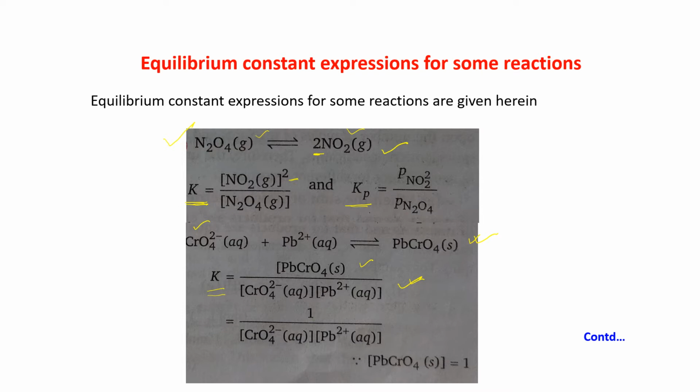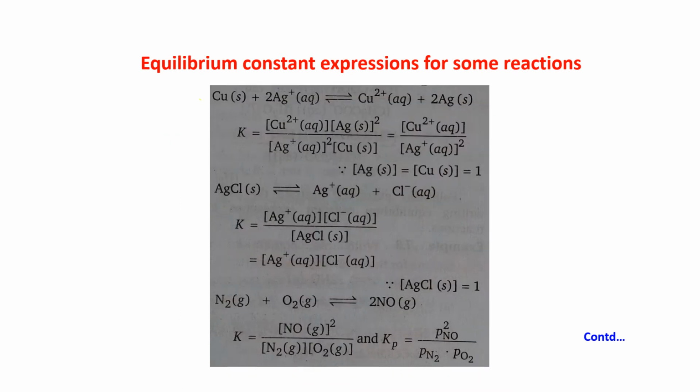Now in this you can see that the product PbCrO4 is in the solid state. So its concentration will be taken as 1. So what we are getting? 1 divided by CrO4 aqueous and Pb2 plus aqueous. I hope it is clear to you.